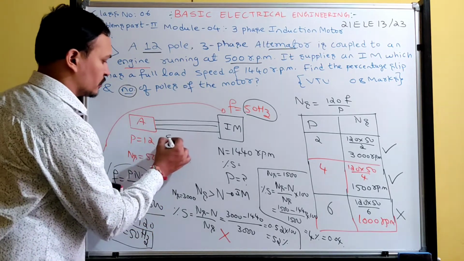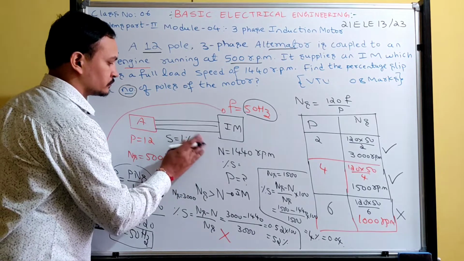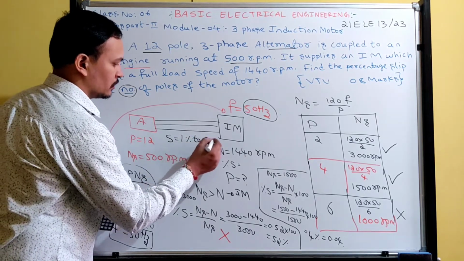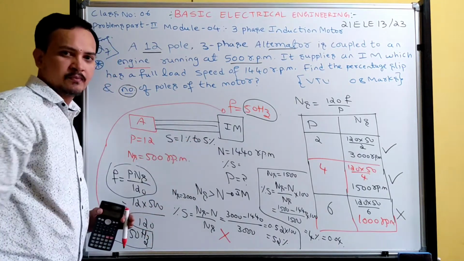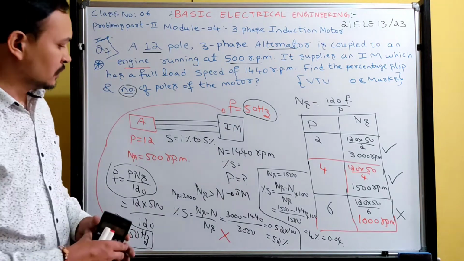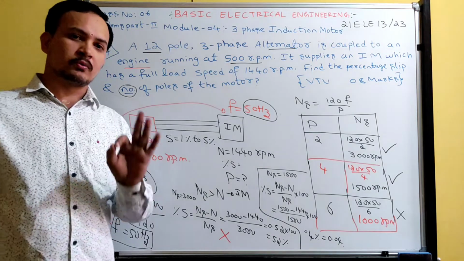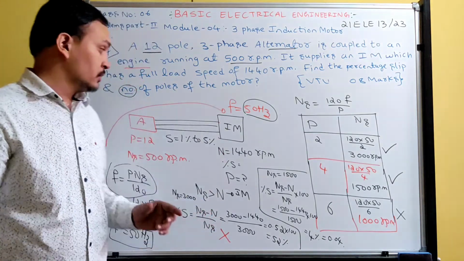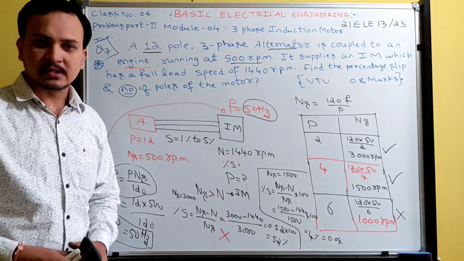See, for a good induction motor, what is the range of slip? Very good, 1% to 5%. Your answer should come within this range. So we got 52%. No one will purchase a machine with this slip. Customers are recommended to purchase an induction motor whose slip comes within this range, 1% to 5%.